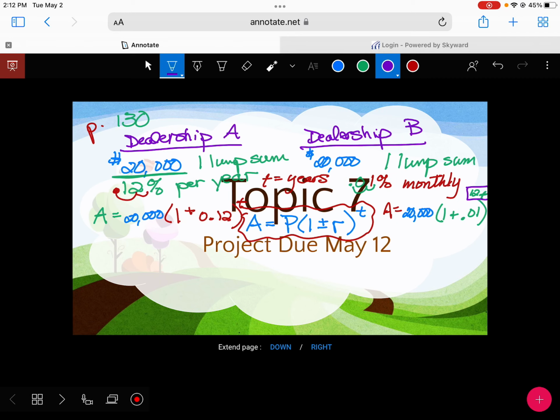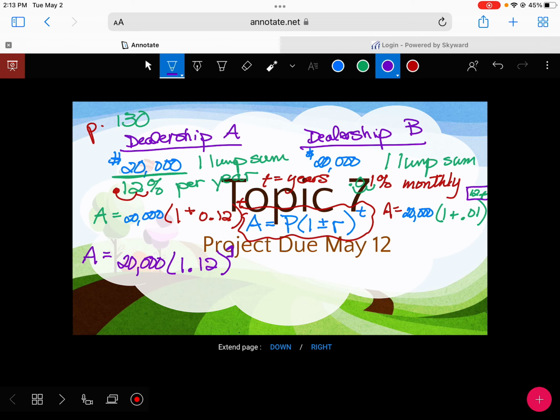All right. So over here, I have A equals 20,000 times 1.12, and let's just figure it out. Let's say at the end of a year, we're going to pay this off. We don't have to pay anything during the year, but at the end of 1 year, we're going to pay it off.